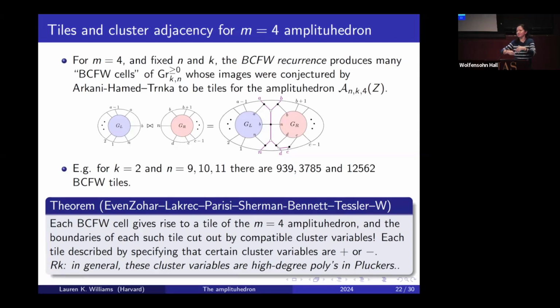In theory, it may not be. All of these BCFW cells do take part in tilings. There are other tiles that we know about, like the Spurion tile, and there are tilings that involve that as well. So there are also many tilings that are not BCFW tilings, that are not just using BCFW cells.